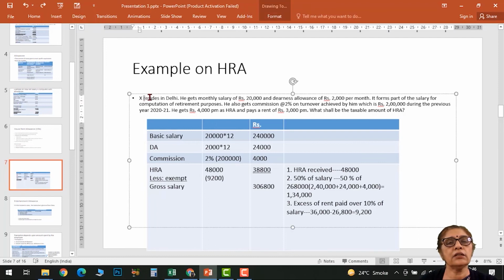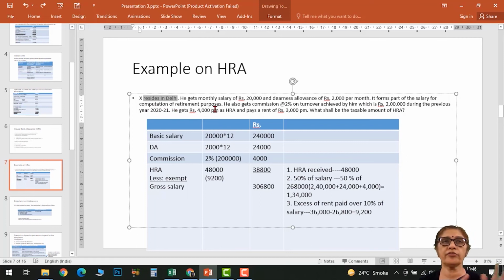X resides in Delhi. So residing in Delhi means half of salary for exemption purposes. Now see, this question also explains how to proceed with the question on salary. He gets a monthly salary of 20,000 and DA of 2,000 per month. And we say that DA forms part of salary for computation of retirement benefits.